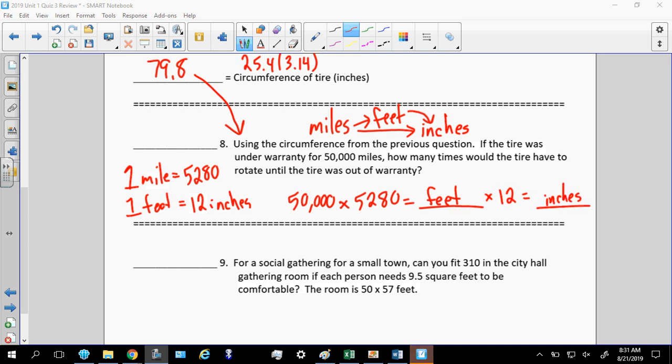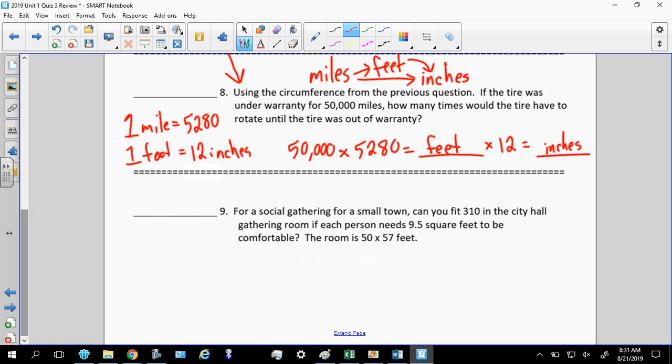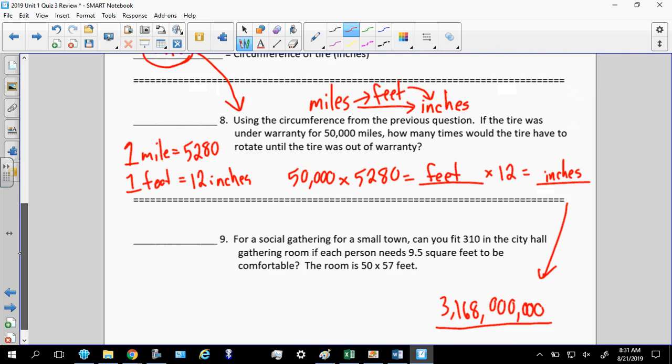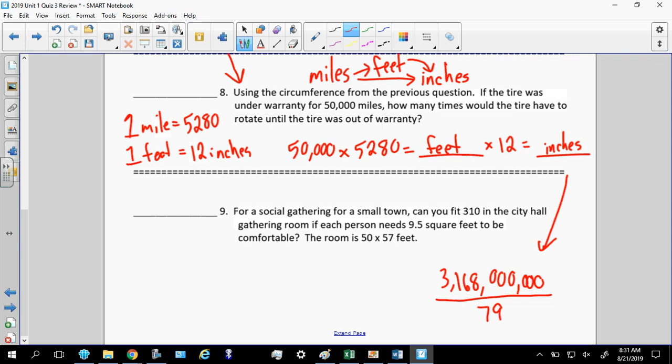The number of inches, and hopefully your calculator is big enough for this, is 168,000,000 inches. And I'm going to divide that by 79.8, the circumference from before.